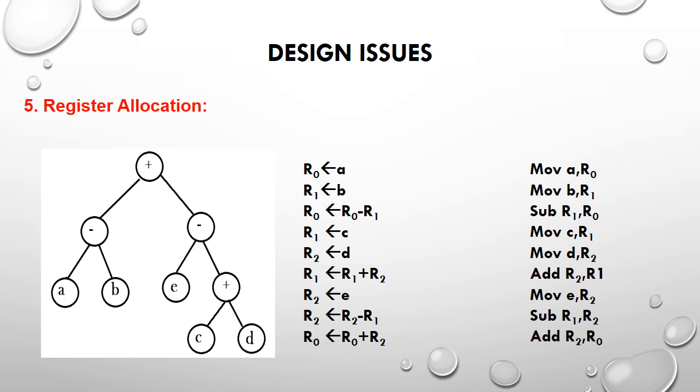So we have made use of 3 different registers for performing this operation. The assembly language code for the same has been written on the right hand side. You can relate it with these transfer statements and the addition or subtraction statements. For this we have used 3 different registers, which is the minimum.